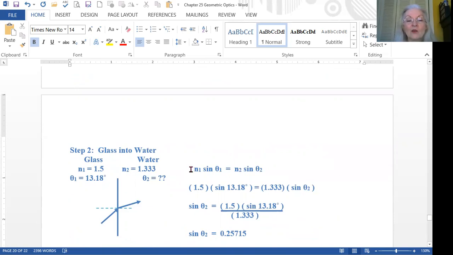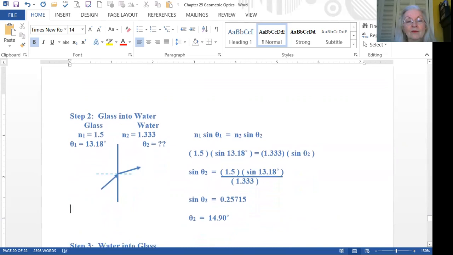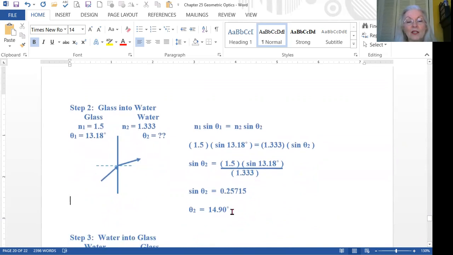So again, N1 sine theta 1 is N2 sine theta 2, but now we're starting in glass. We have our angle, we have the index of refraction for the water, and we're solving for the angle in the water. So when we plug in, we end up with 14.9 degrees. And as you go through the arithmetic, if you need help with anything, you need to let me know.